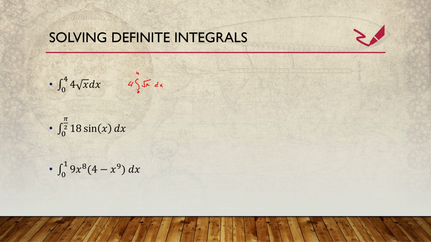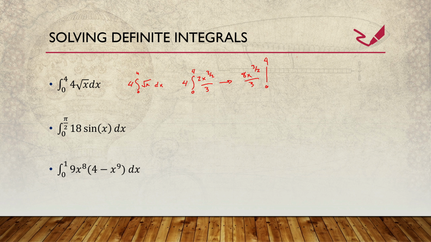And by doing this, we'll have 4, and then we'll bound this from 4 to 0, and you'll have 2x to the 3 over 2 over 3. It would be 3 over 2, but I just did the reciprocal of it and moved it to the numerator. By doing this, you will then have 8x to the 3 over 2 over 3, and we're going to bound it by 4 and 0.